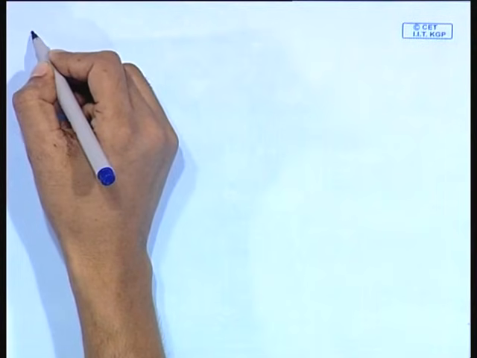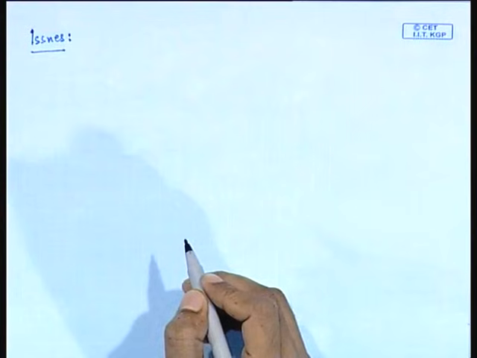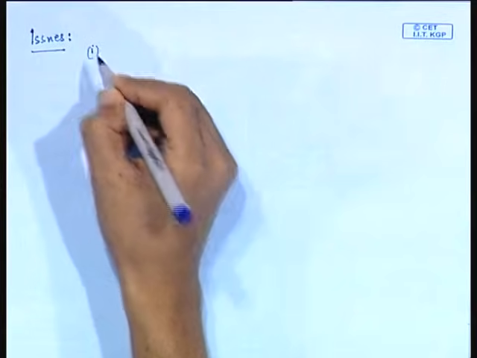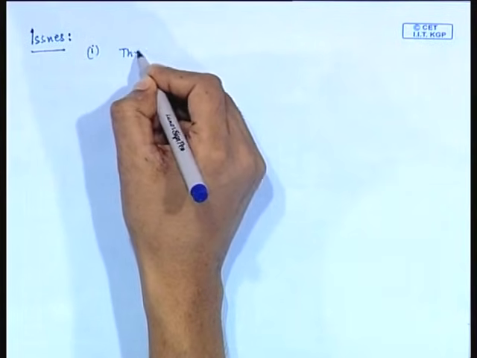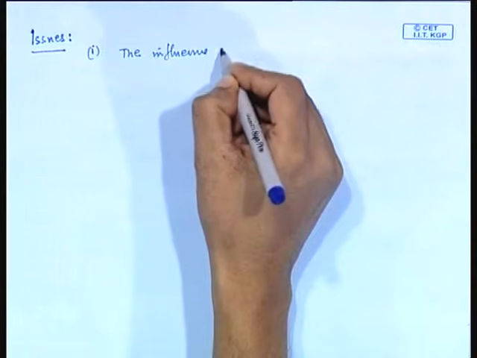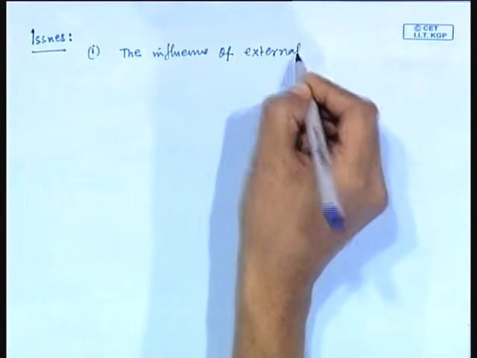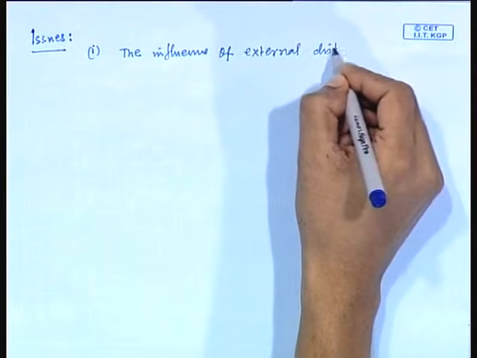Next, we will discuss three important issues which can be dealt by the control system. What are these issues? First issue is the influence of external disturbances.